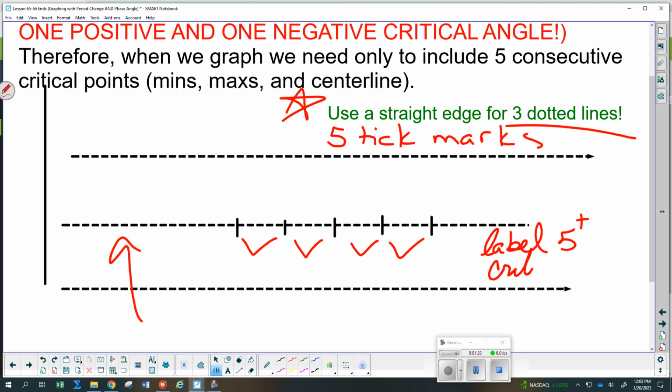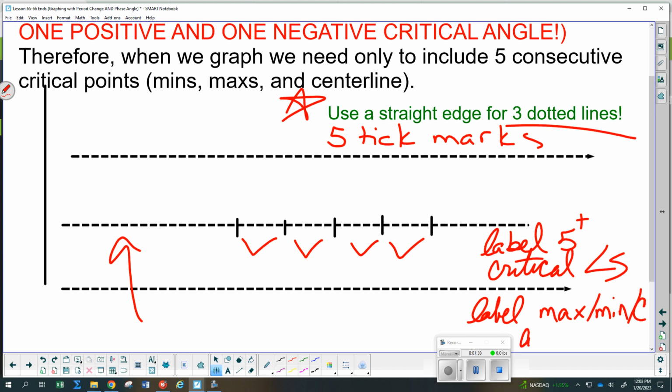I call those critical angles because they are either center lines, maxes, or mins. We also need to label the axes, or label the max, min, and center, and both of the axes. And that's all we have to do on these things.